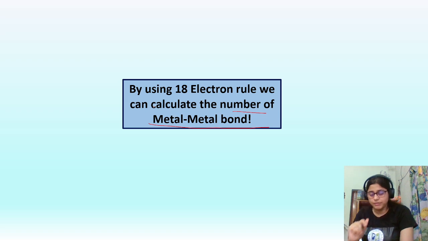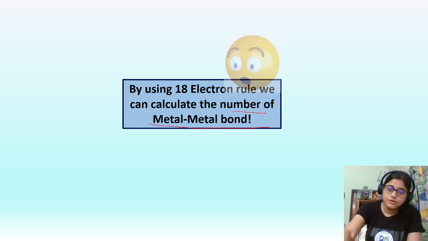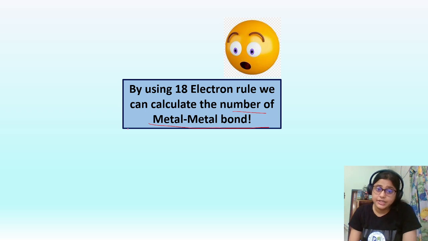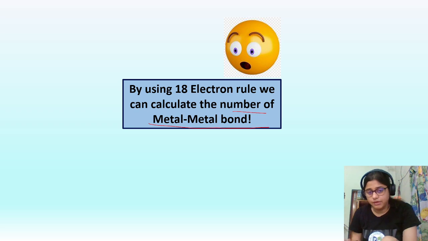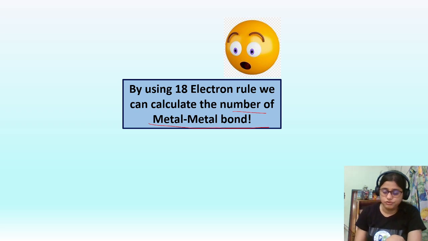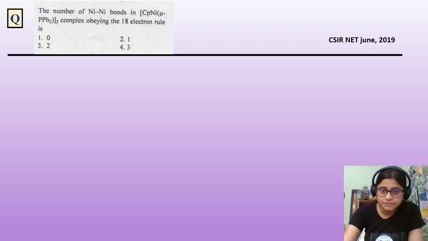Yes, we can count the metal-metal bond for an organometallic compound by using the 18 electron rule. I will show you through previous year questions. Let's see this CSIR-NET June 2019 question.